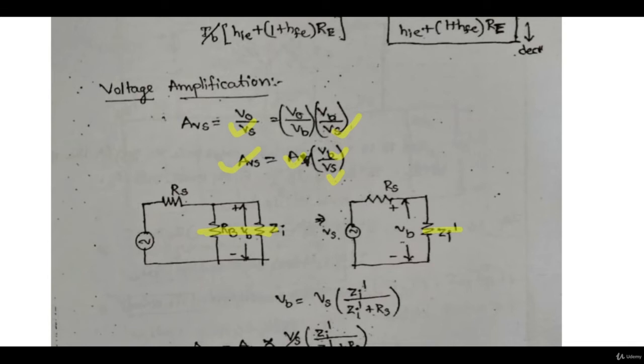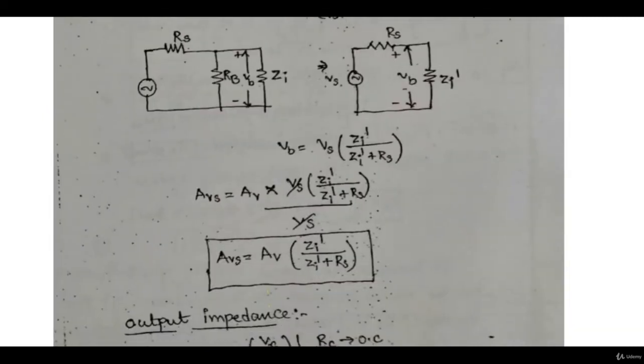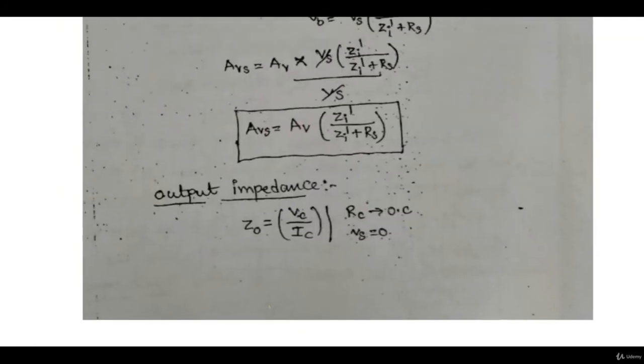VB divided by VS will be the voltage division across this resistance, Zi dash divided by Zi dash plus RS. This is VB by VS. Now once you plug in the values, you will get AVS equal to AV into Zi dash divided by Zi dash plus RS. No change.